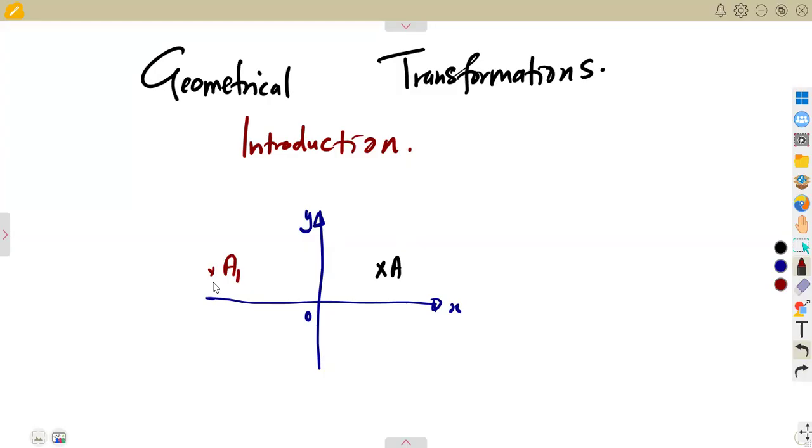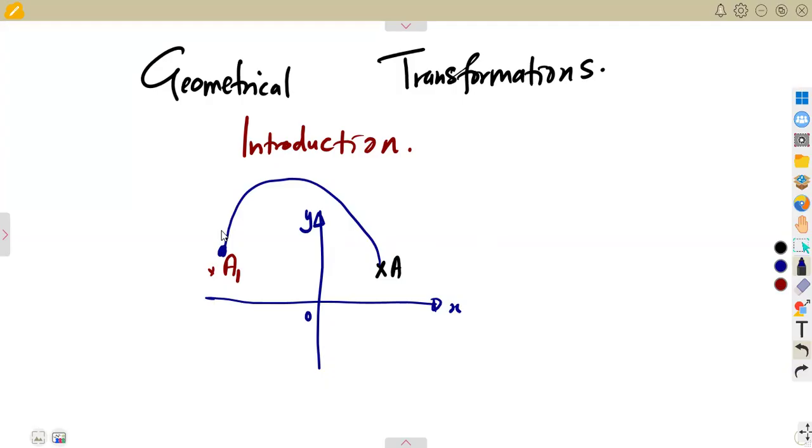By the fact that this point is no longer situated where it was before, it means the point A is transformed. The point A is transformed from where it was to this point. That's the transformation.